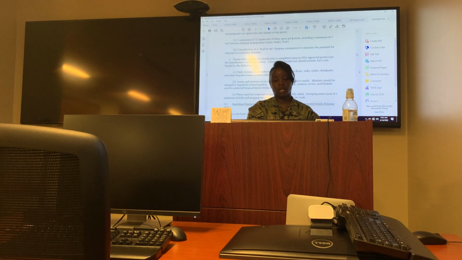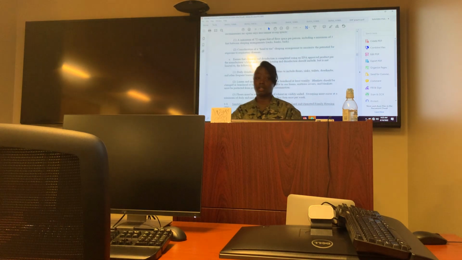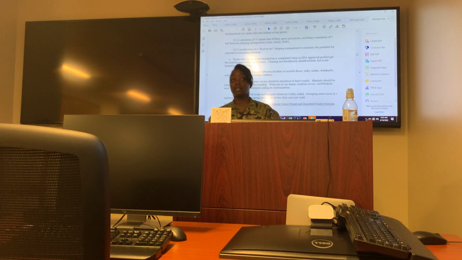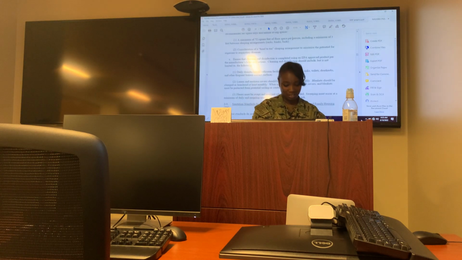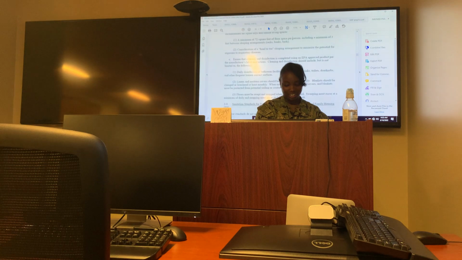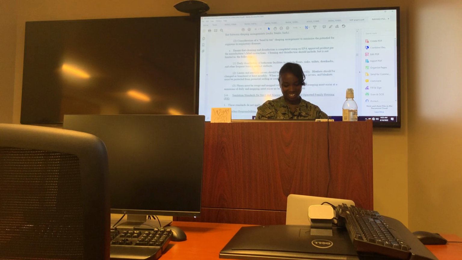These are for the regular installations, because obviously on a ship it's going to be less than that 72 square feet. Right. You maybe get 600 people on a ship. There's 3 highs. No joke.